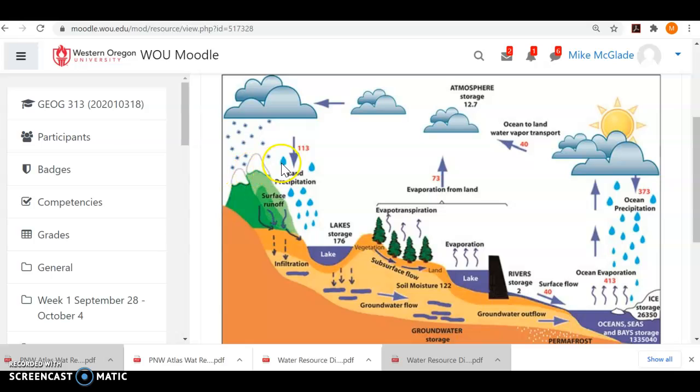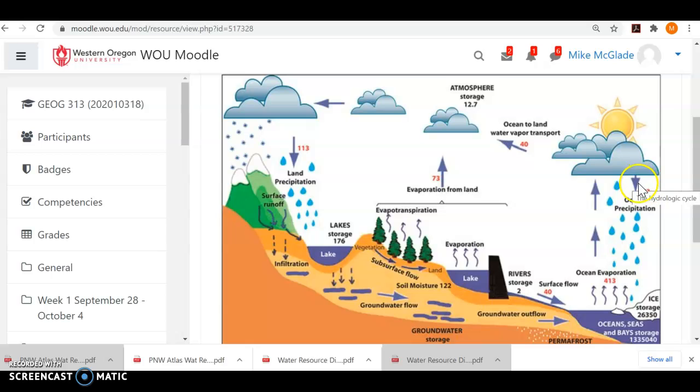Everything from water stored in ice, although it's not quantified here, the oceans, the evaporation from the oceans, returning rainfall into the oceans. You might notice there's about a 40 unit difference between 413 and 473.